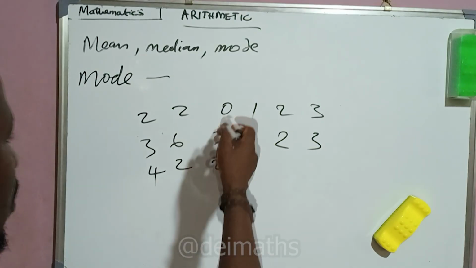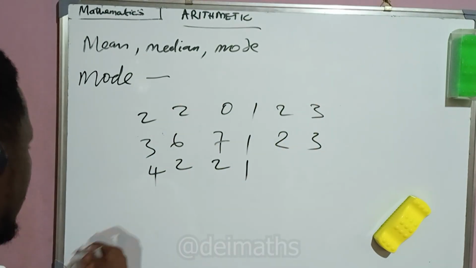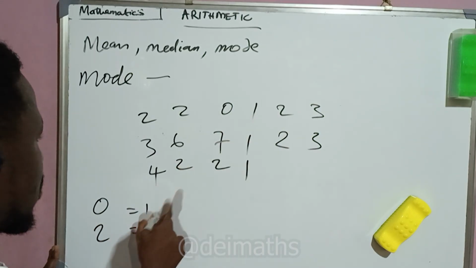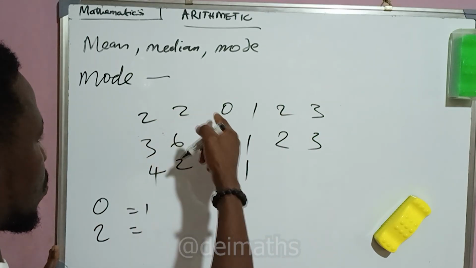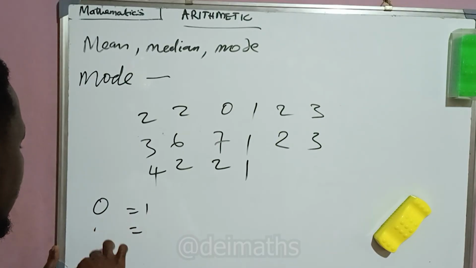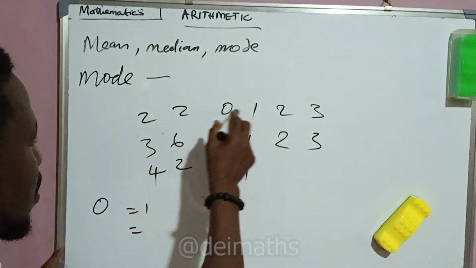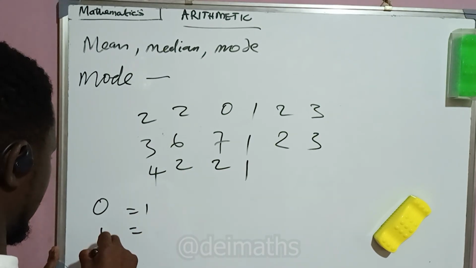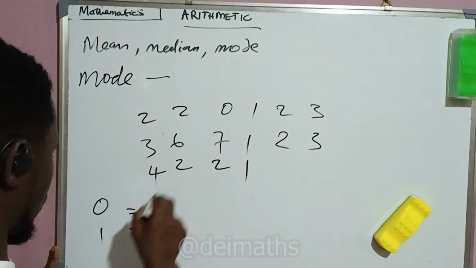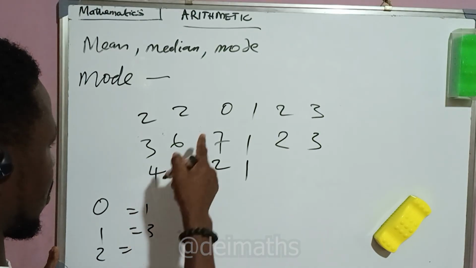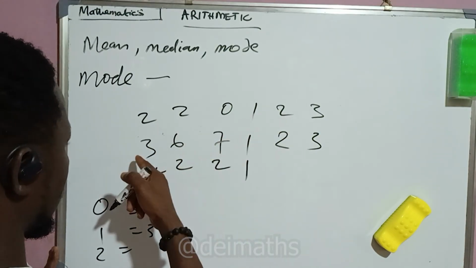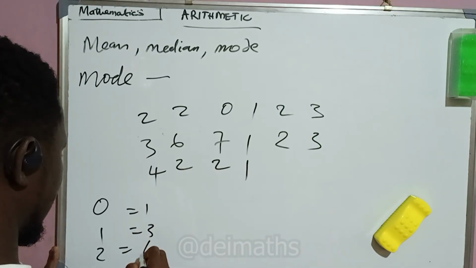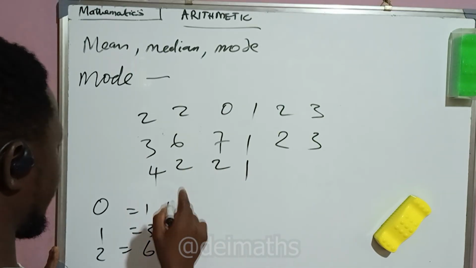Let's start from 0. 0 is how many here? 0 is 1. 1 is how many? 1 is 3. 2 is how many? 2 is 1, 2, 3, 4, 5, 6.